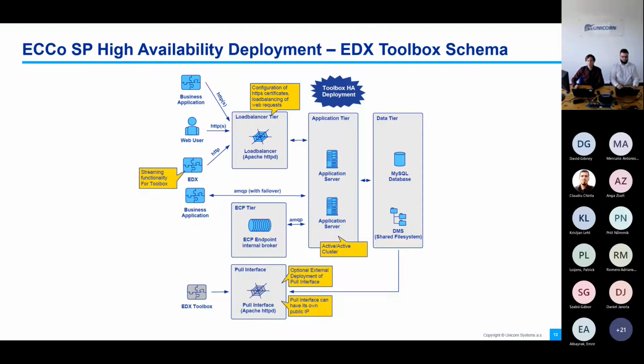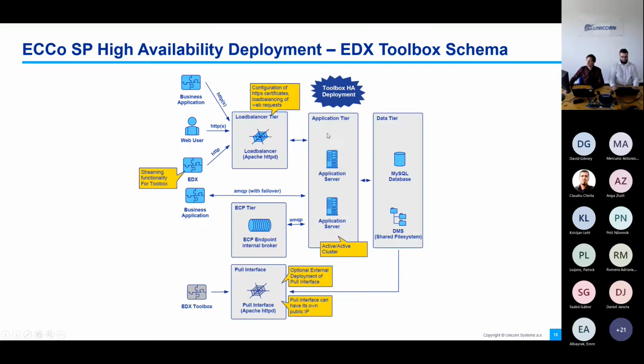Now let's take a look at a more detailed schema. This is the schema for high availability for the EDX toolbox. On the right side, you can see the data tier, where there is an external MySQL database, and also a shared file system for the DMS, and optionally also a shared folder on the file system for the interface via the file system.